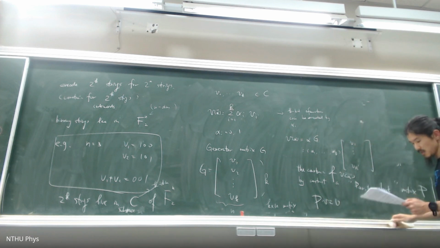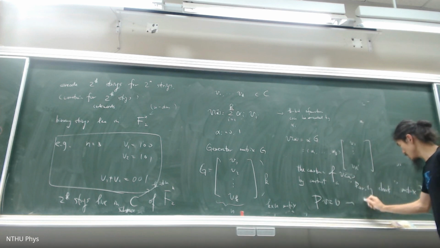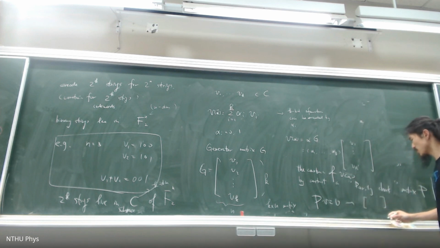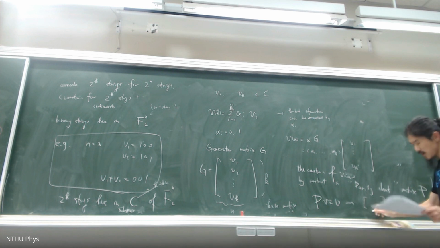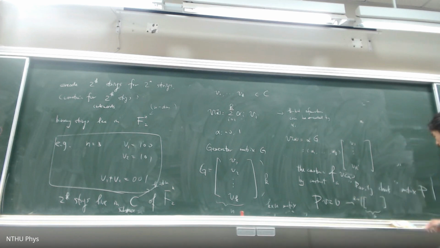So P, something like this form, this is n minus k, this is times the array n, because this is the array n. I want this to be 0.